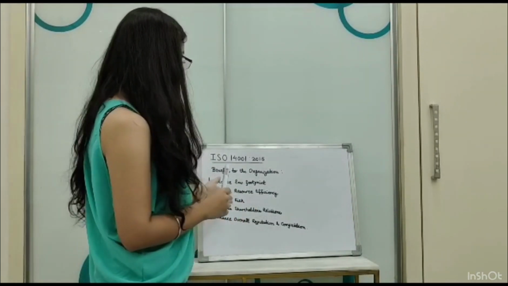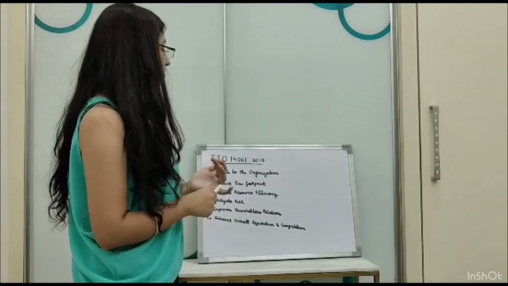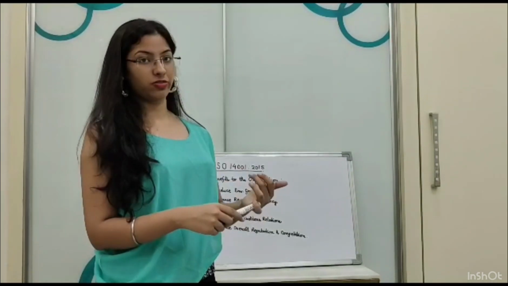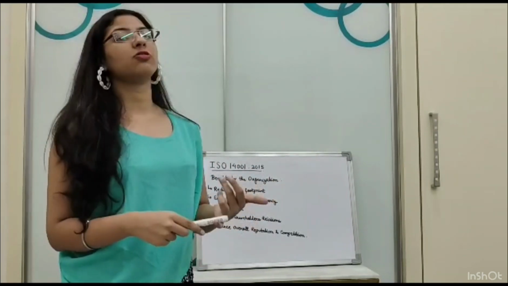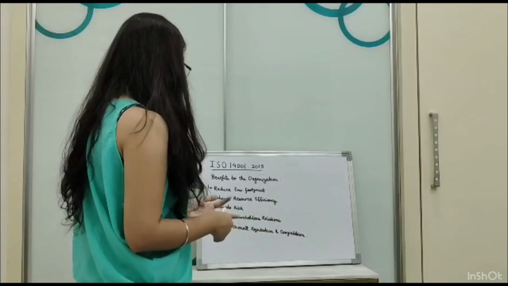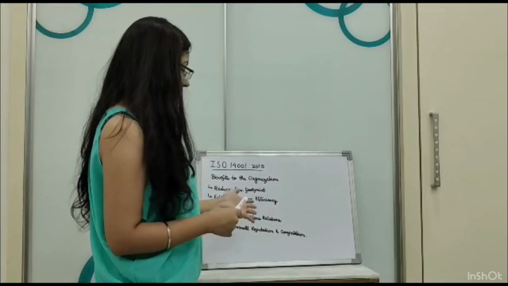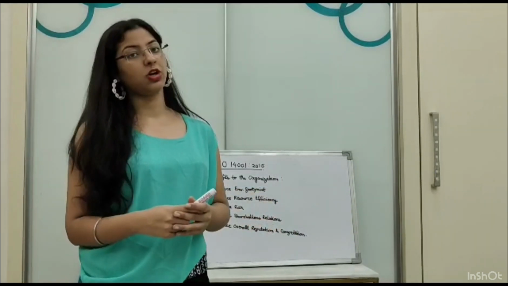It will also improve the shareholders relation, because if the organization is ISO certified, it will build a trust factor among the shareholders and they will try to invest more and more in the organization. Next is enhancing the overall reputation of the organization and the competitiveness of the organization.